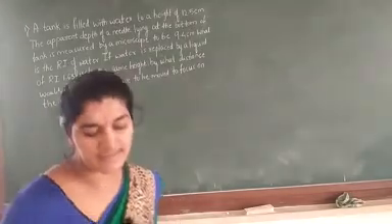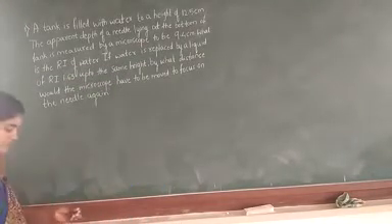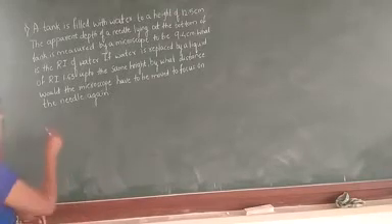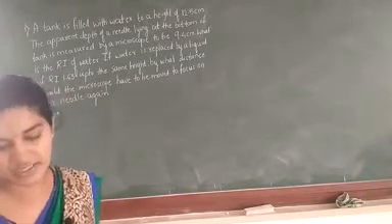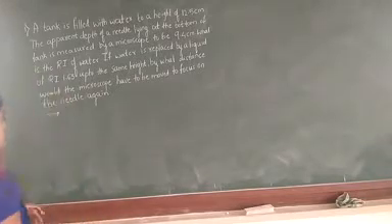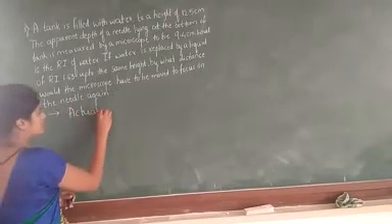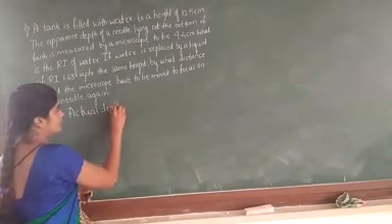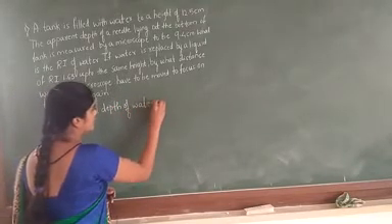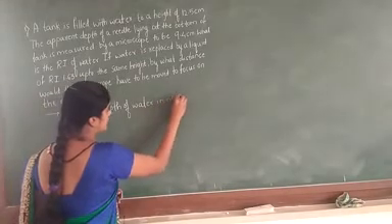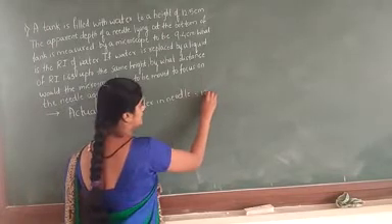Now let us consider what they have given. Now we are writing the given terms, that is the data. In the first one we are considering the actual depth of the needle in the water, which is equal to 12.5 centimeter.